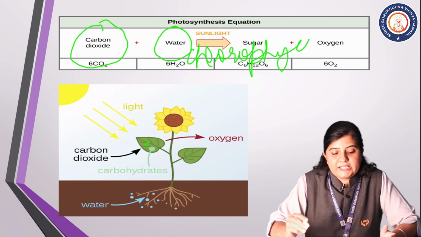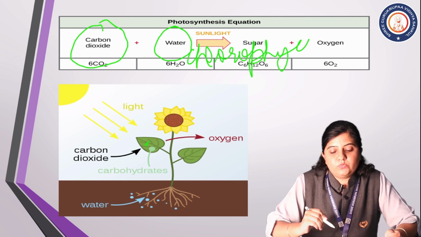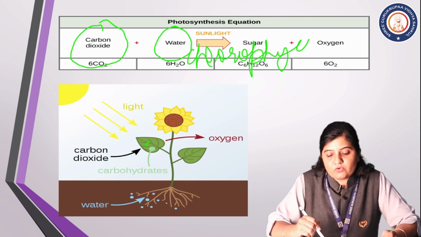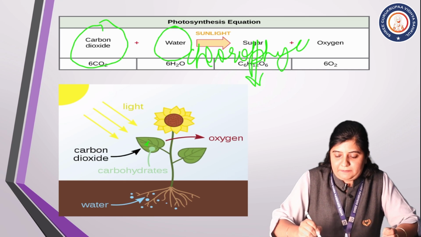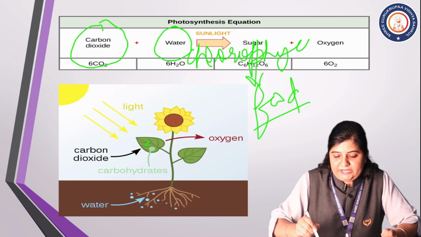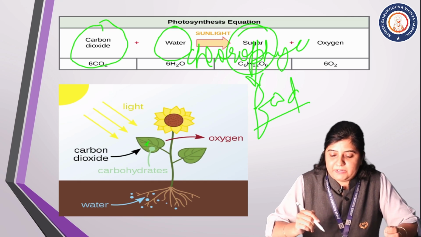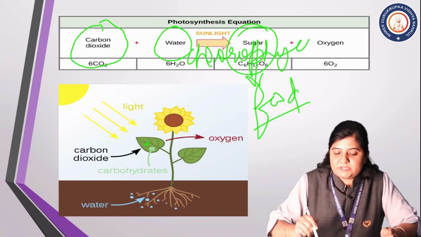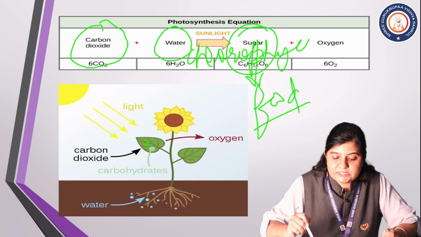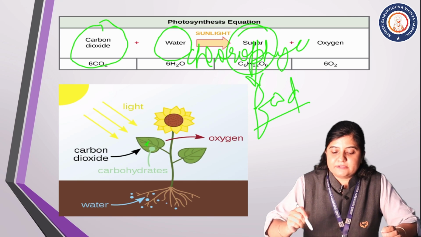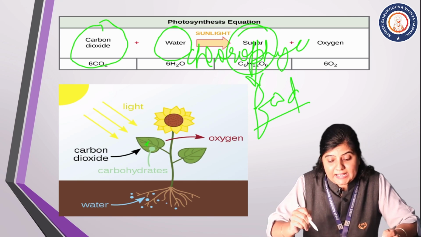These are the four things. Carbon dioxide, when it reacts with water in the presence of sunlight and chlorophyll, forms the food for the plants, which we will call here sugar. Sugar means the food for the plant. Plants prepare their food by this process, in the presence of carbon dioxide, water, sunlight and chlorophyll.